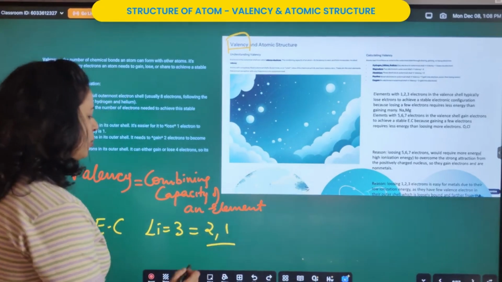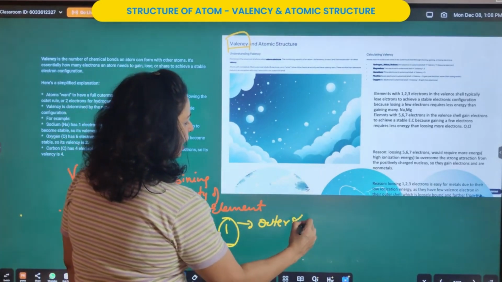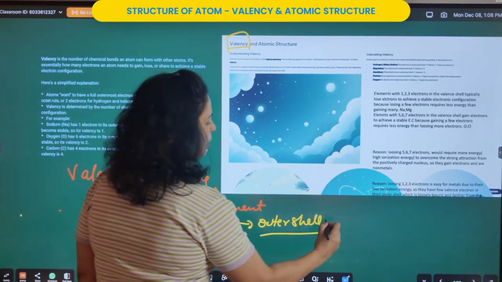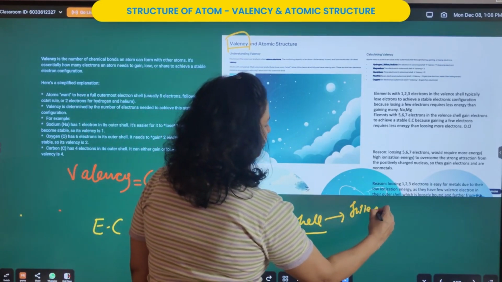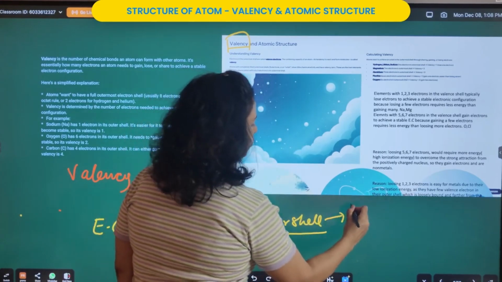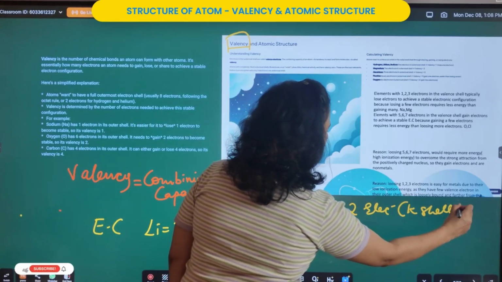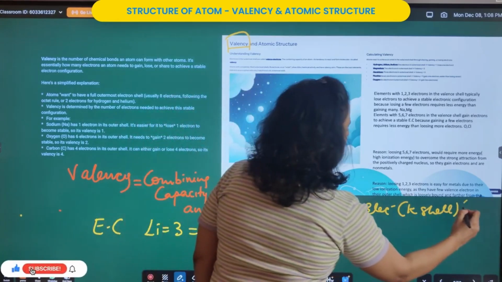Now the outermost shell either has to be filled with 2 electrons, that is a K shell. If the K shell is complete with 2 electrons, this will be called a duplet.